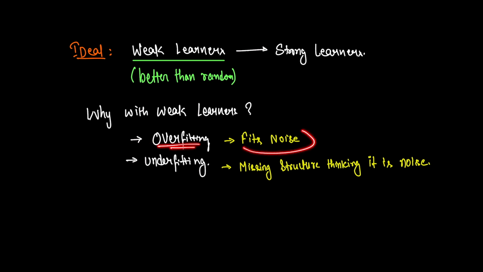Overfit means it fits the noise in the data. Whatever noise is present in the data, it also fits that. Underfitting means it misses the structure of the underlying data.